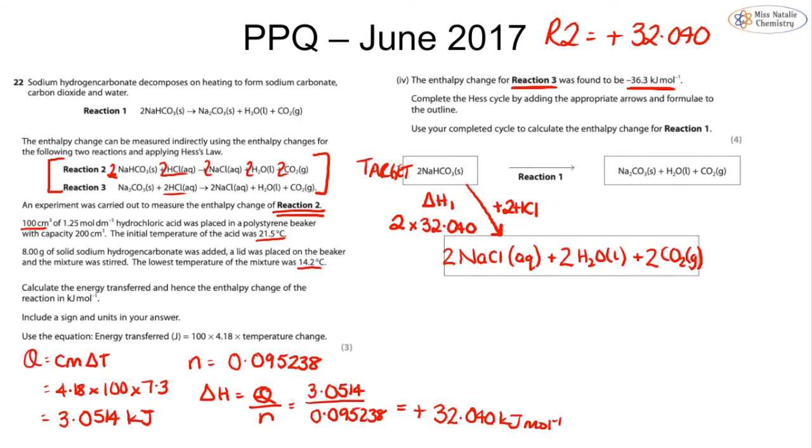32.040. I then look at the right-hand side, and I know that I've got sodium carbonate. I look at the sodium carbonate reaction, which is reaction 3. It reacts with 2 HCl, and I make 2 NaCl plus 1 water and 1 carbon dioxide. The 1 water and 1 carbon dioxide are already here, so they add to this reaction to give me 2 moles of each. So this is delta H2, which we've been told is minus 36.3.